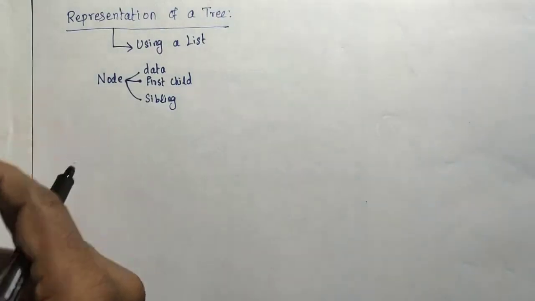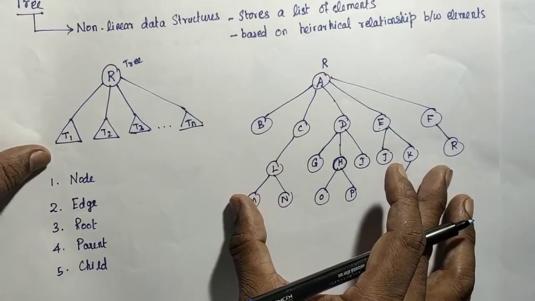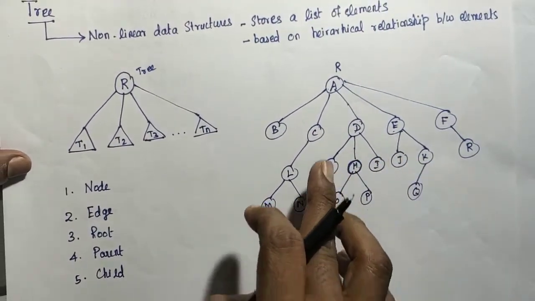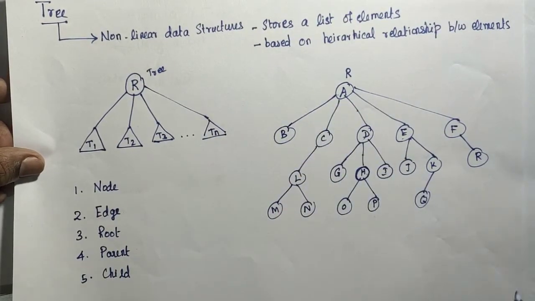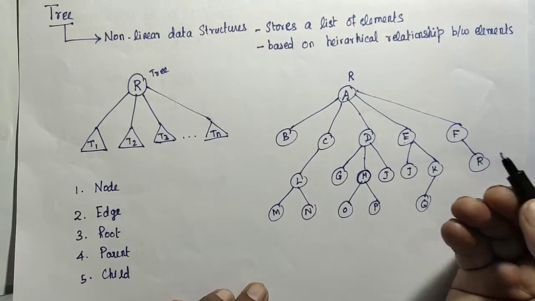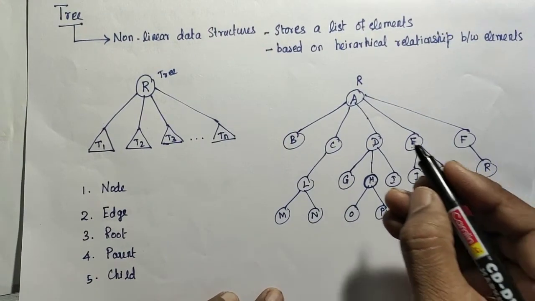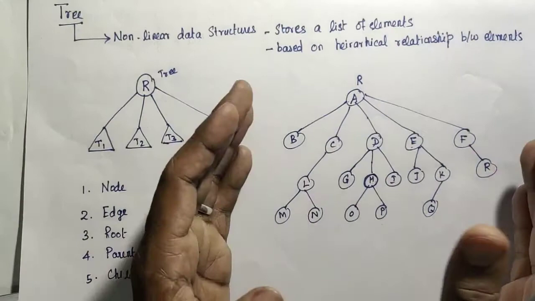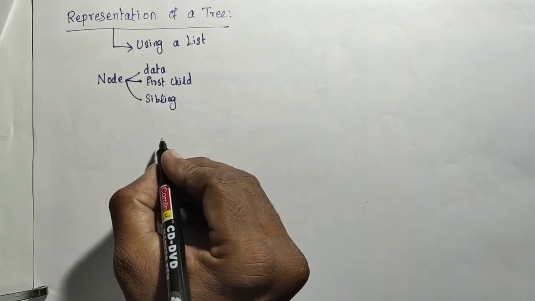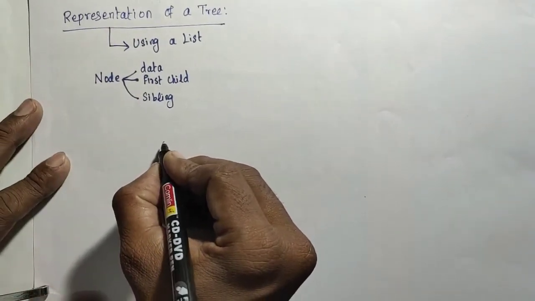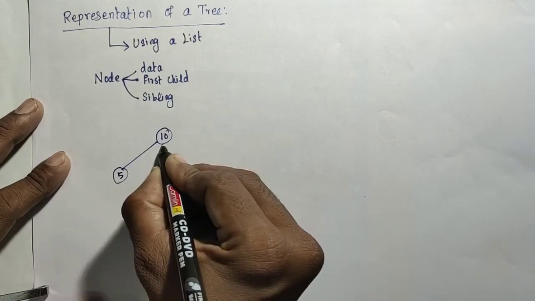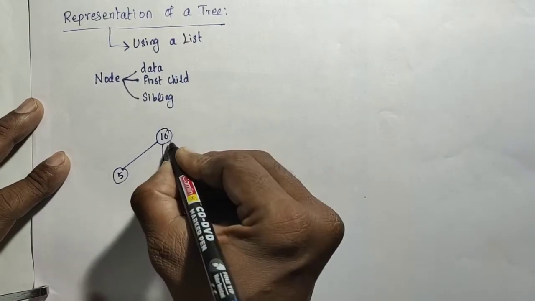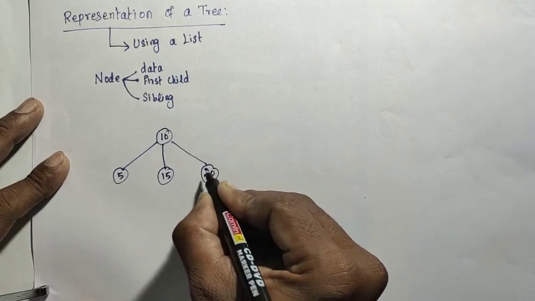You can understand if I draw this as a list. A contains, for example, address 110. Instead of taking this lengthy tree, we will consider a small tree. For example, 10, 5, 15, 20.